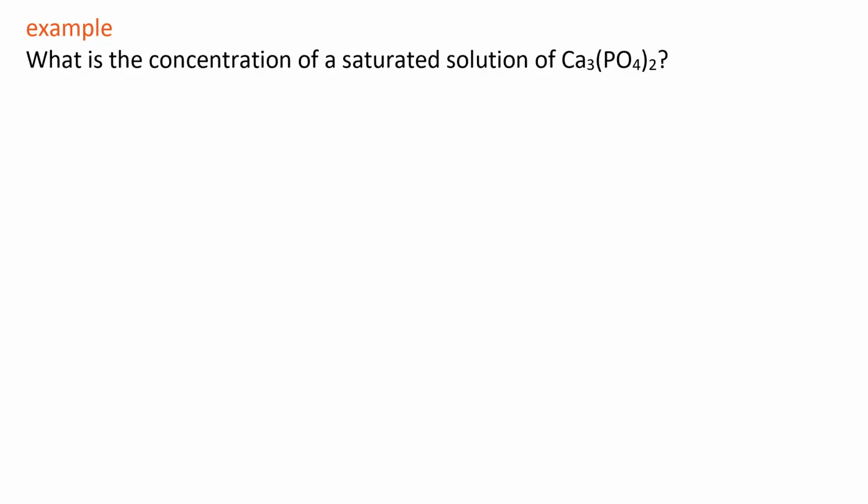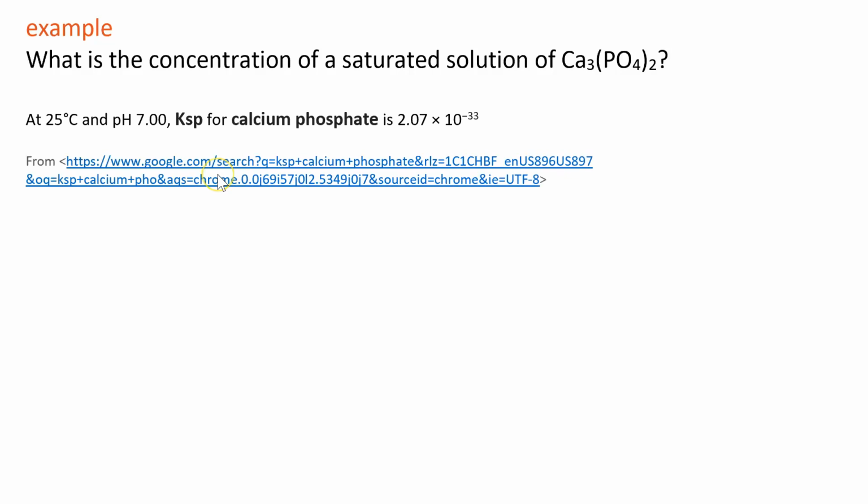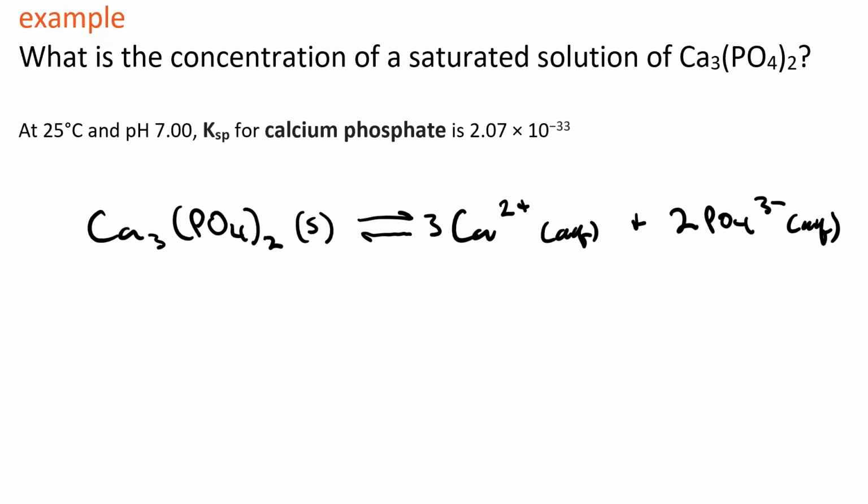So what's the concentration of a saturated solution of calcium phosphate? A quick Google search reveals the Ksp value for calcium phosphate is 2.07 times 10 to the negative 33rd. So here is the equilibrium. We've got solid calcium phosphate in equilibrium with 3 moles of aqueous calcium ions and 2 moles of aqueous phosphate ions. And think about it. Say x moles of calcium phosphate dissolves.